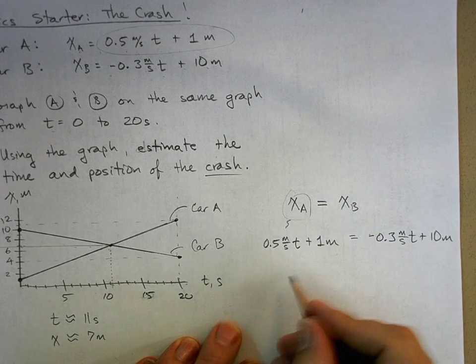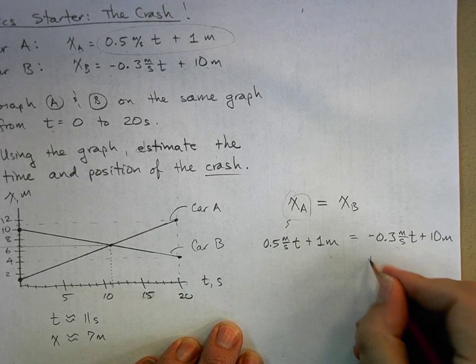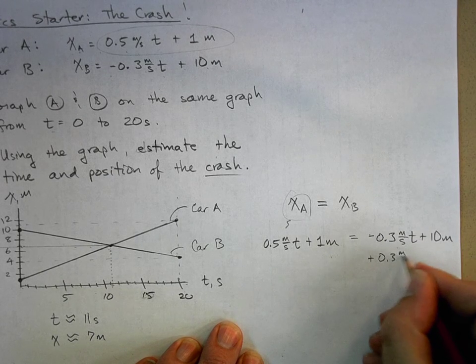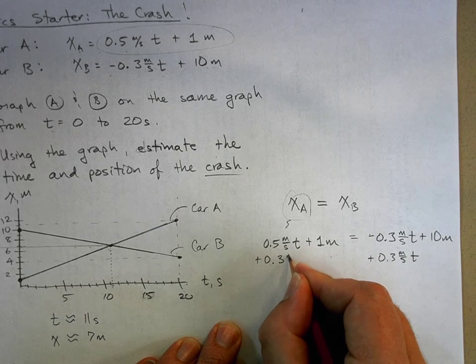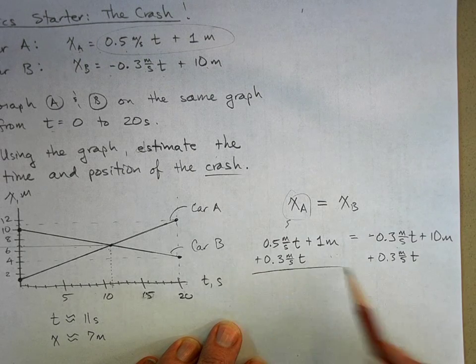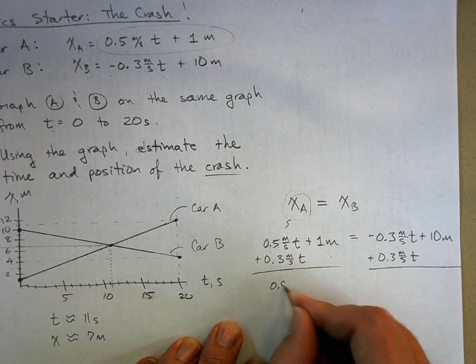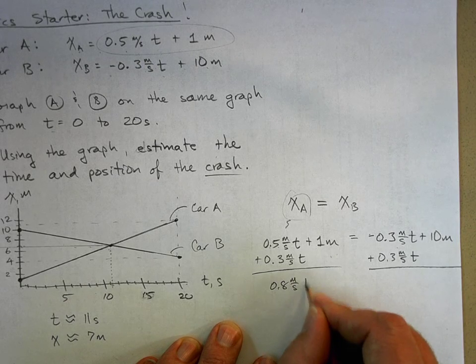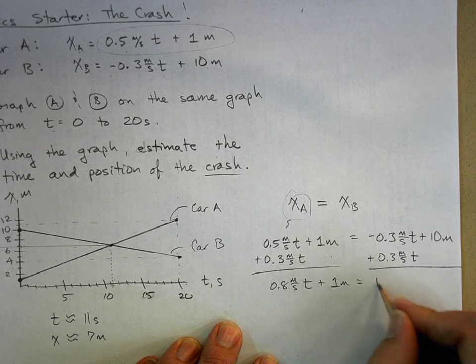So what I'm going to do is get rid of this by adding 0.3 meters per second times time. Now this is just plain old Algebra 1 or Math 1, whatever they call it now, I don't know. So this 0.5 plus 0.3 is 0.8 meters per second times time plus 1 meter is equal to 10 meters, right?